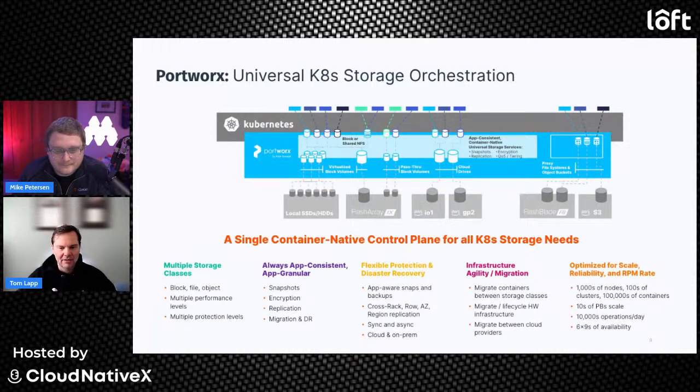So we fit everywhere, and we bring those features like migration and disaster recovery to that multi-cloud hybrid cloud target or goal that a lot of companies are reaching for. So if you're running OpenShift on-prem and you need to DR to EKS at Amazon, we can handle that. So we can go from one to the other, back and forth, whatever you want.